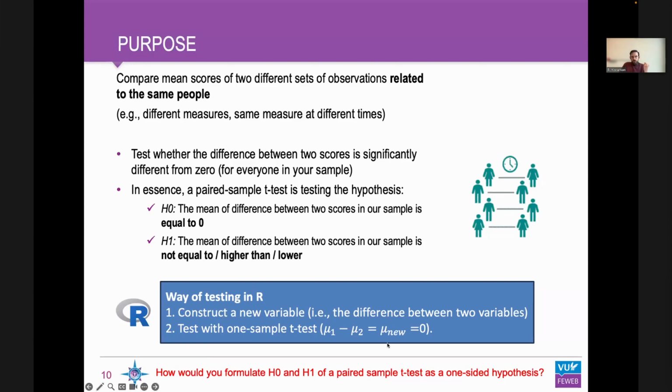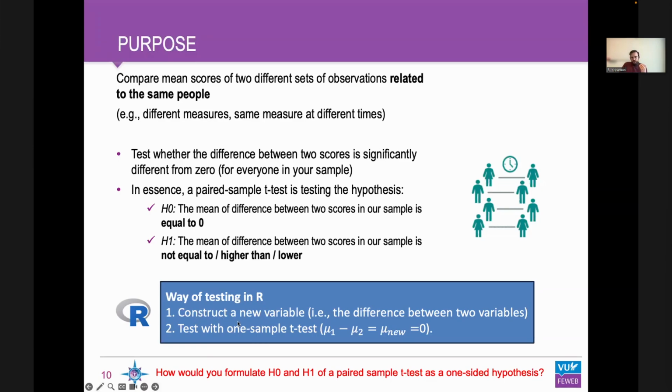Remember that here we are saying, for instance, mu1, mu being the mean, is greater than mu2, or mu1 is not equal to mu2. The mean of the first measurement is different than the mean of the second measurement for the same sample.